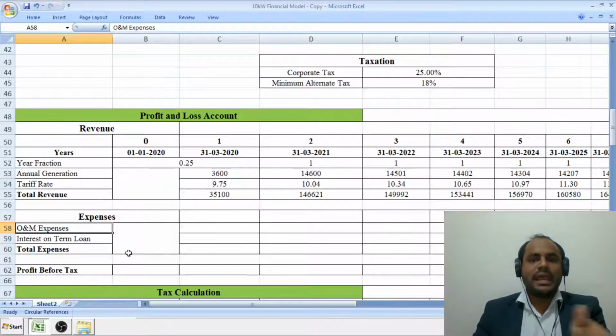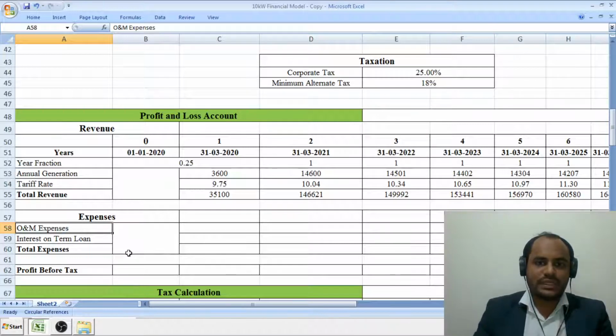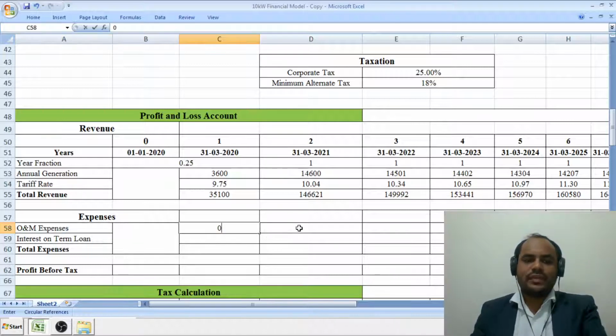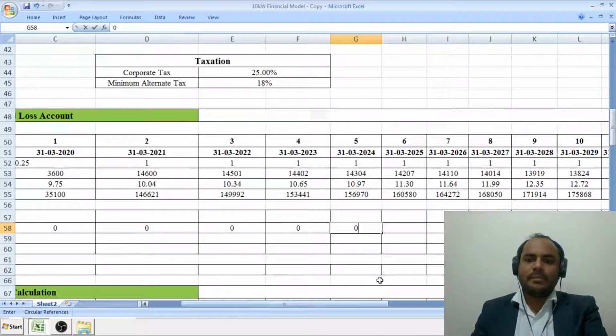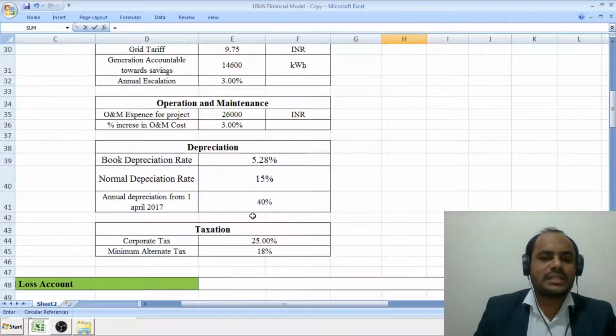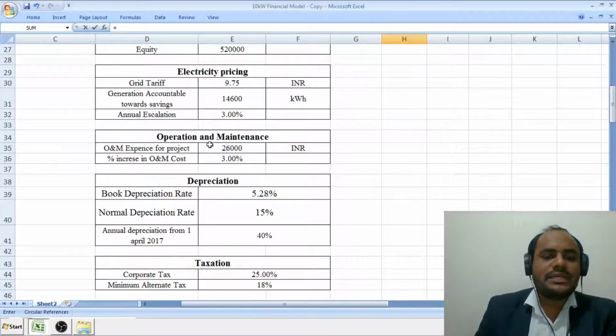After the 6th year onward, the customer has to pay the maintenance cost. So up to 5 years the maintenance parameter will be 0, but from the 6th year onward we have to consider the maintenance parameter we considered in step number 1, that is 5% of the total cost of the system, which is 26,000.